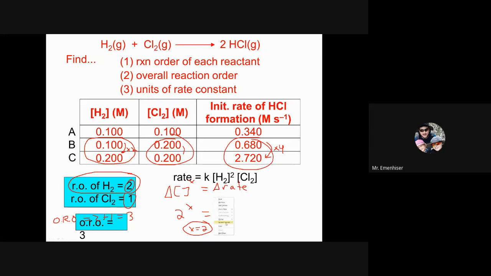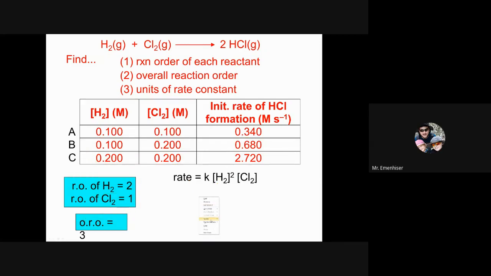And so if we write our rate law, this is what our rate law is going to be. Since the order of H2 is 2, it will be squared in the rate law. We would have to square that concentration in the rate law because it affects the rate exponentially.